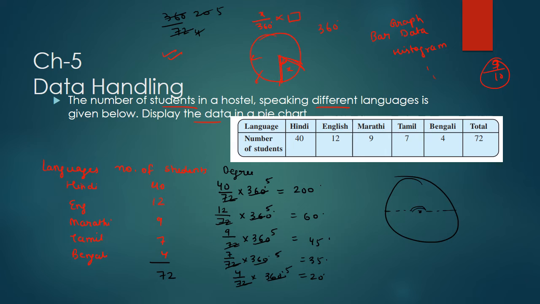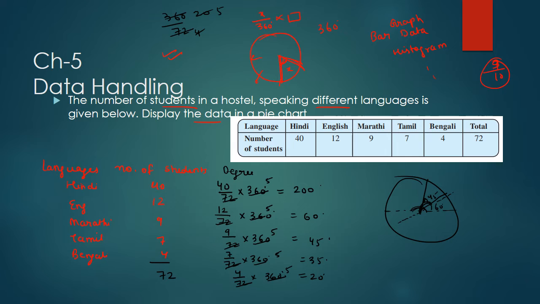Put your protractor here and make angles. You can make 60 degrees, then 45 degrees. So when you make 60, it is easy, right? But when you make 45 degrees, you have to consider this as your baseline, this 60, and place your protractor here and make 45.